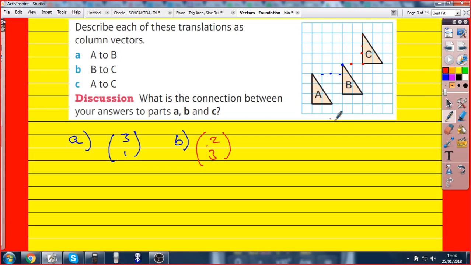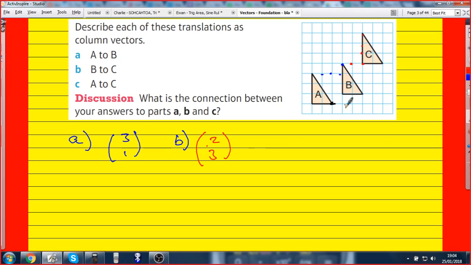And the column vector from A to C? 3, 4, 5, 6, 7. So it's 6 across over 4. I don't think it's 6 across. No, it's not. So 1, 1. Let me have 1, 5. That's it.